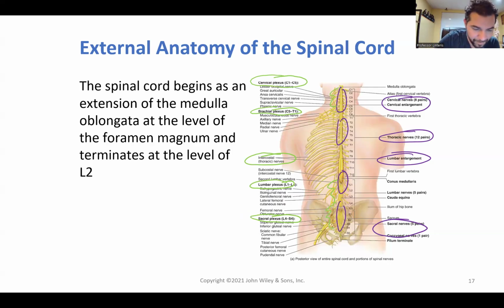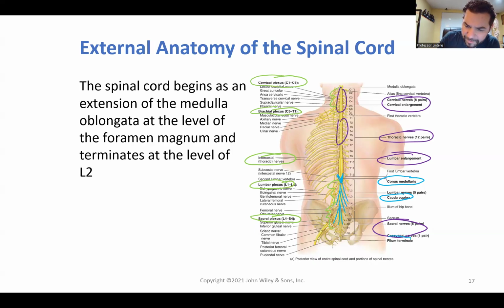There's a couple more structures I just want to mention because it's here. We have the conus medullaris, which is where the dense spinal cord comes to a point, if you will, or a cone. And we can see that there. We'll talk about that in lab. We have the cauda equina, which after that dense spinal cord, we can see there are these spinal nerves that are just hanging off the bottom.